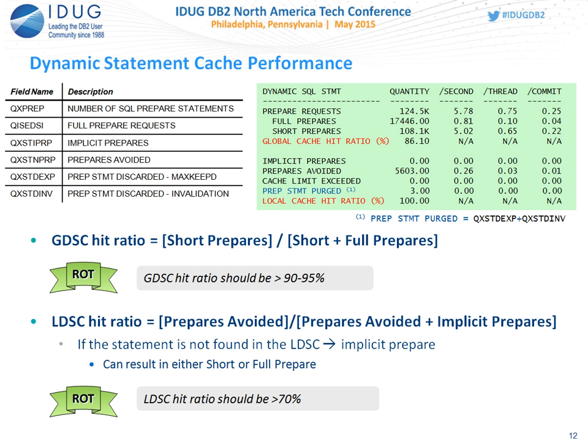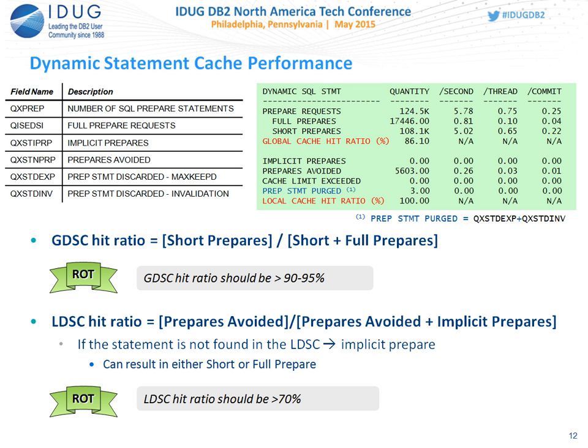Down here for the locals, implicit prepare means that I went to look in the local cache and it wasn't there, so I got it from the global and then I prepared my own statement internally in the thread storage. Prepares avoided means I had a hit in the local statement cache, right? So there's our quick little equation down here, prepares avoided over prepares avoided plus implicit.